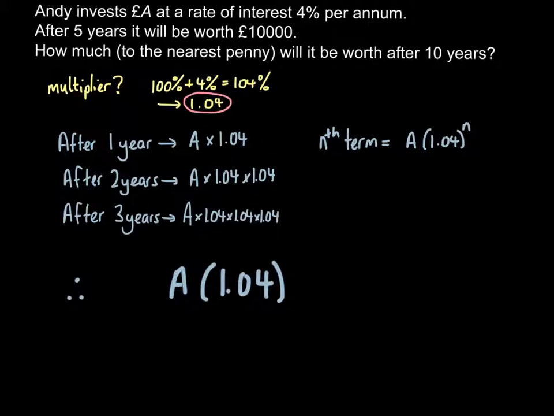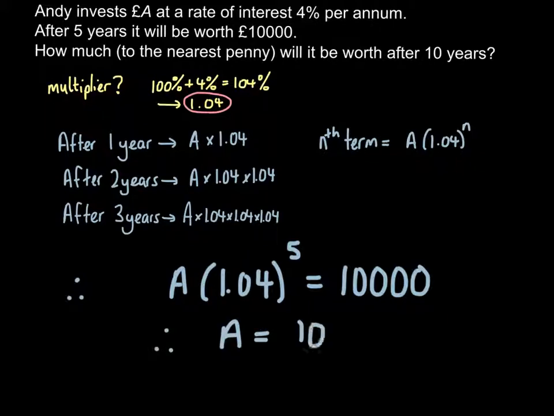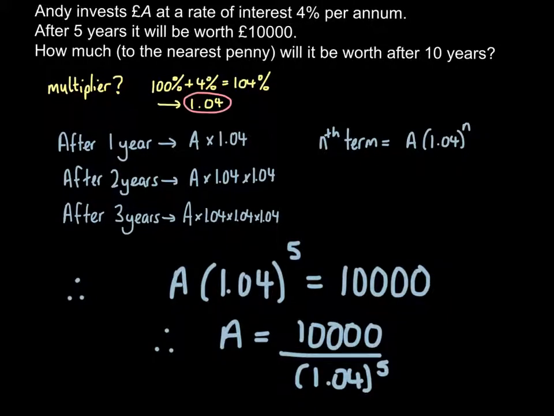So we've got to find the value of A. If you plug all that into our nth term, we've got A times 1.04 to the power 5 is equal to 10,000, because we've been told after 5 years it's worth 10,000. If we solve that equation, we can work out what Andy's initial investment was.